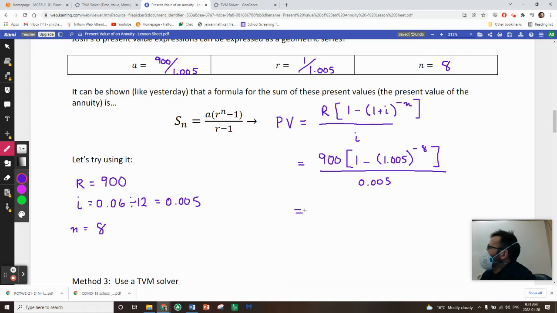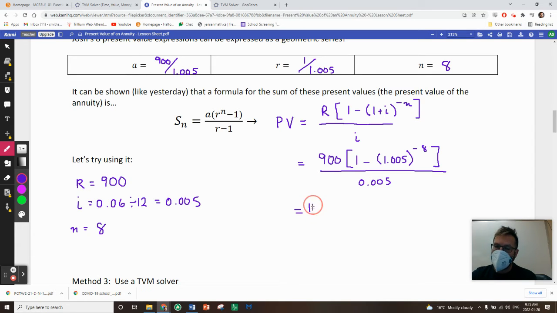You could do 1 minus 1.005 to the power of negative 8 first, then multiply by 900, then divide by 0.005. And I'm just keeping everything stored in my calculator, doing it all at once.